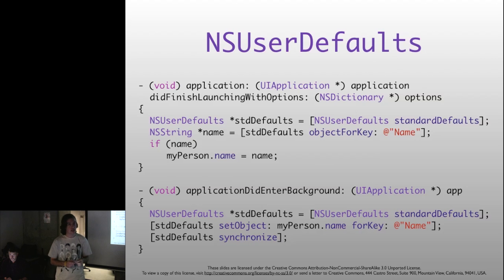How often do you have to call synchronize? Typically, you just need to call it once. You can make a whole bunch of changes, and then at the end, before you return from that method, you just call synchronize. I think if you leave off synchronize, the changes may get committed to disk, but synchronize will force them to actually get committed.